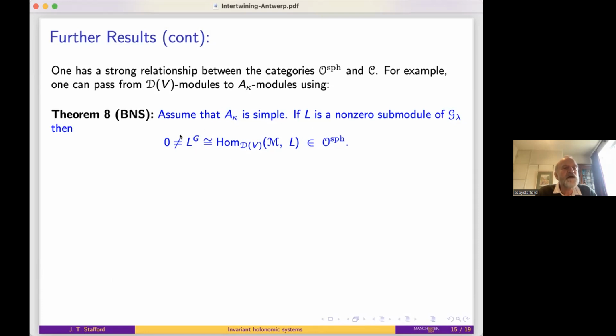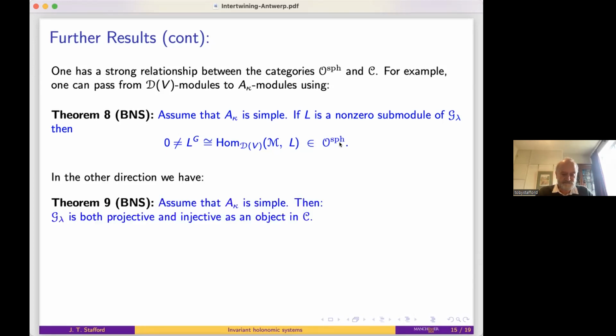And this really does generalize that earlier result, because if L happened to be a delta torsion submodule of G lambda, then that would still be true of L^G, and that you can easily prove is not possible inside O spherical. So this generalizes that result. So if you've got G-equivariant modules over D, you can get yourself modules over the spherical algebra.